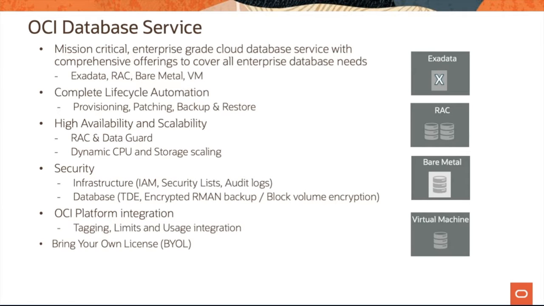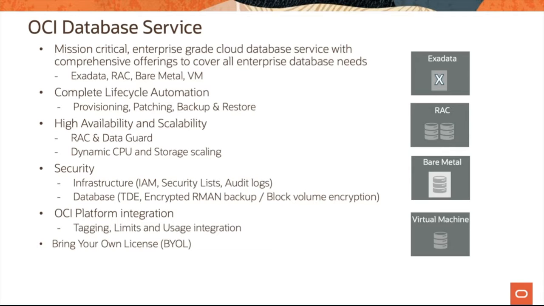Oracle Cloud Infrastructure Database Service is a mission critical, enterprise grade cloud database service with comprehensive offerings to cover all enterprise database needs. We have different services like Exadata, bare metal, and virtual machine database systems.